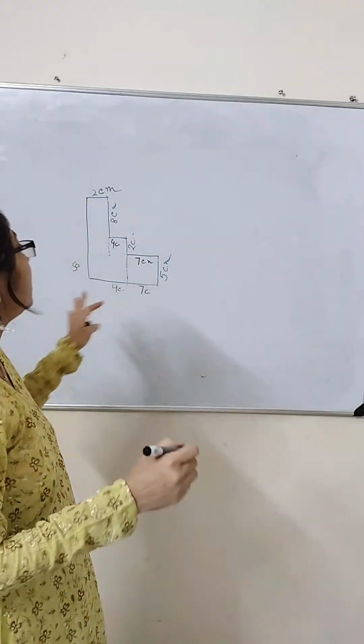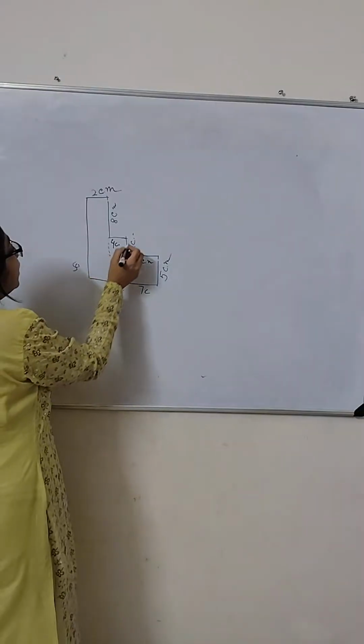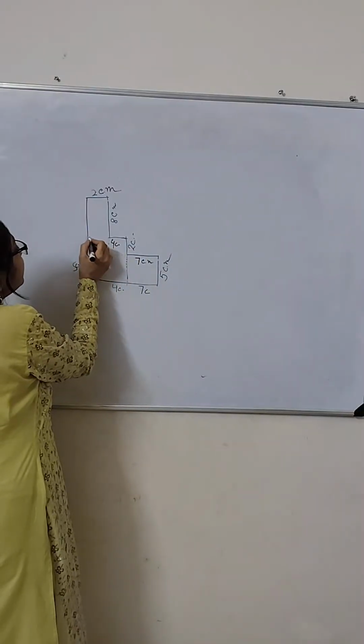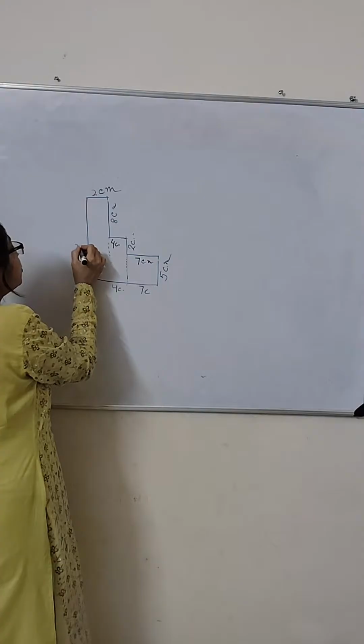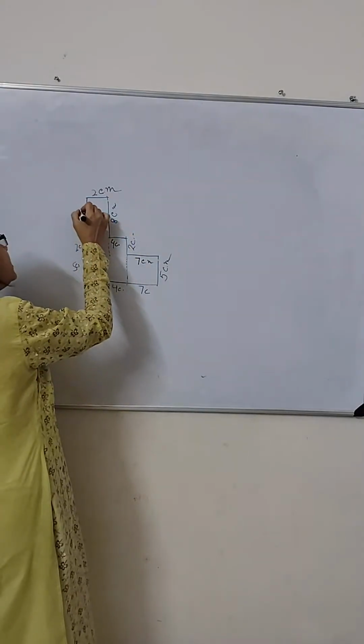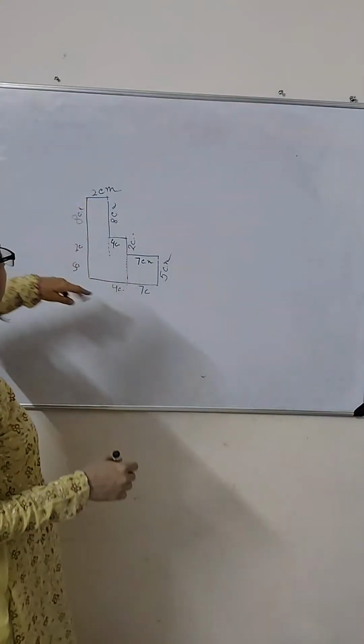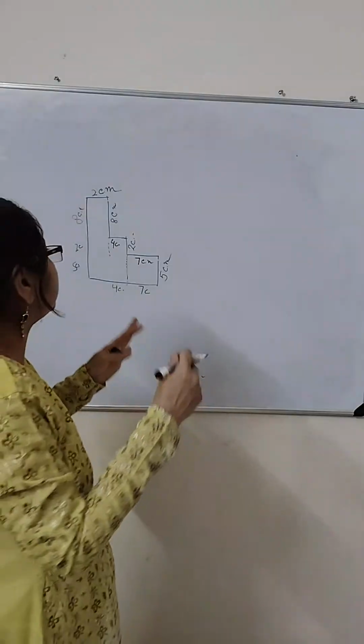Clear? I repeat it one more time. Then it is 2, means this part is 2 centimeter. It is 8, means this part is 8 centimeter. Clear?